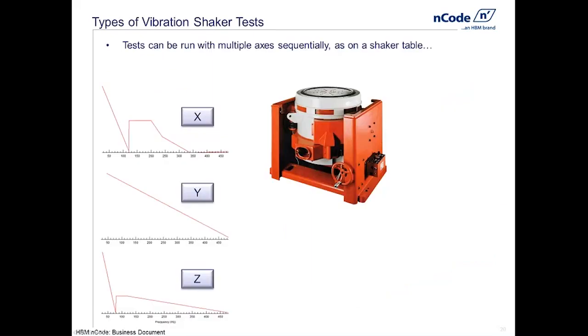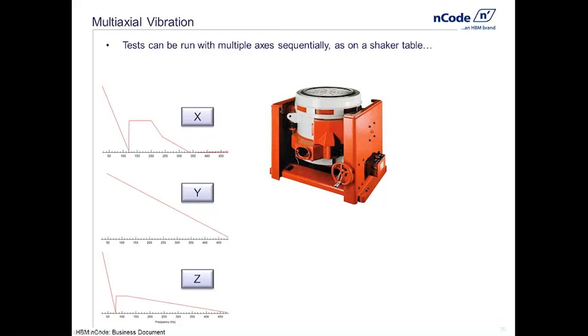One thing to keep in mind about these shaker rigs is that frequently they can only excite one axis at a time. So in other words, we may have PSD loading in the X, Y, and Z directions, that's seen on the left side here. But often these shakers are limited to only being able to shake one axis at a time. We shake in one orientation with the X vibration PSD levels that you see.